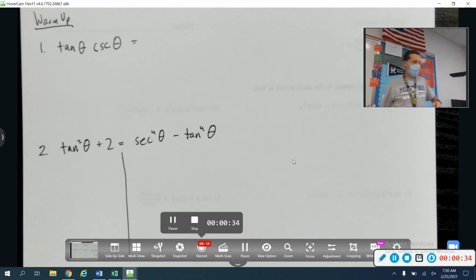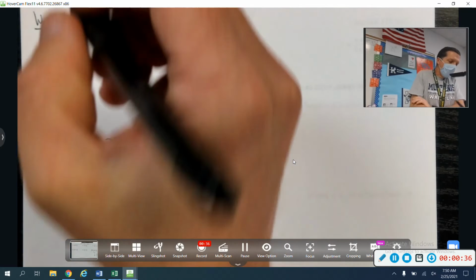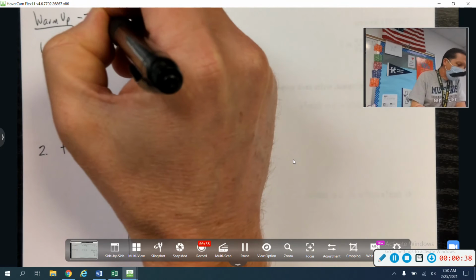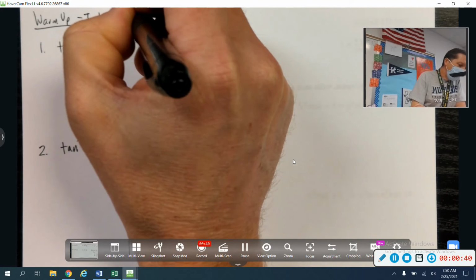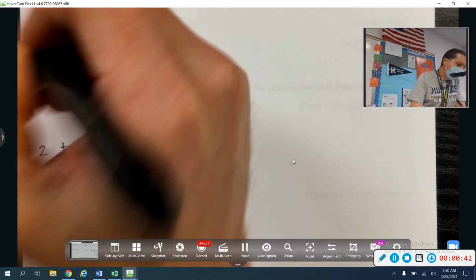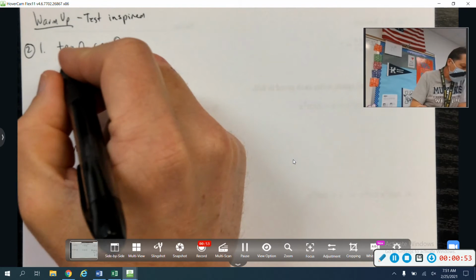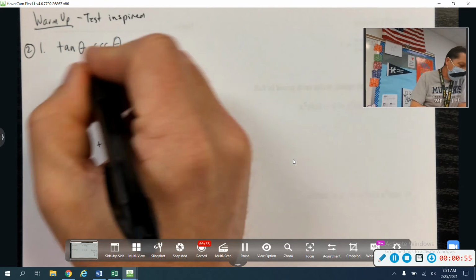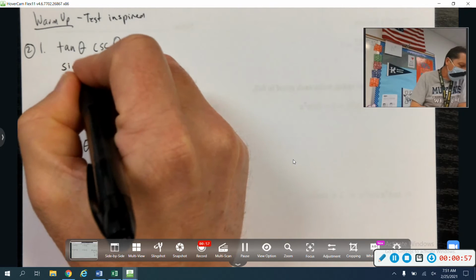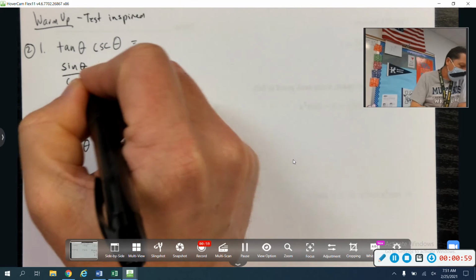All right, number one. Again, these are test-inspired warm-ups, and there are two, kind of like number one on the test, meaning you don't know what the answer is, so you have to simplify until something easier shows up. So not many options to do with this one. I know that tangent is sine over cosine.